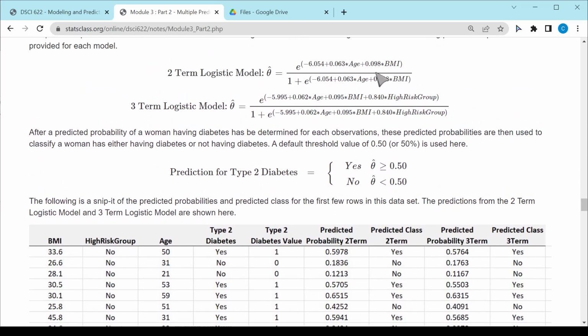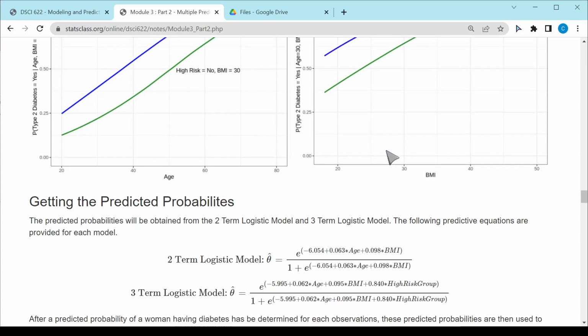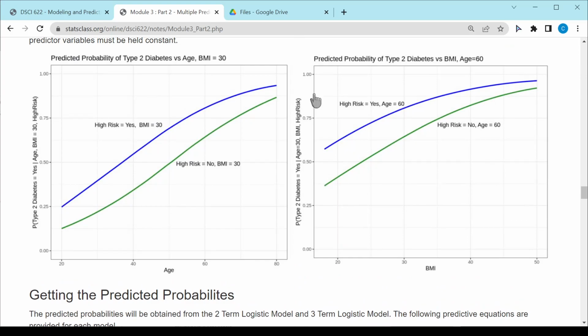These functions here give me a probability between 0 and 1, right? That's what this y-axis is here. These are always going to be between 0 and 1. Then, when I go to classify the observations, I have to decide what threshold to use.